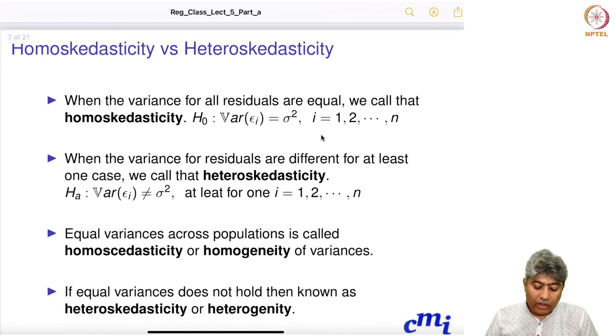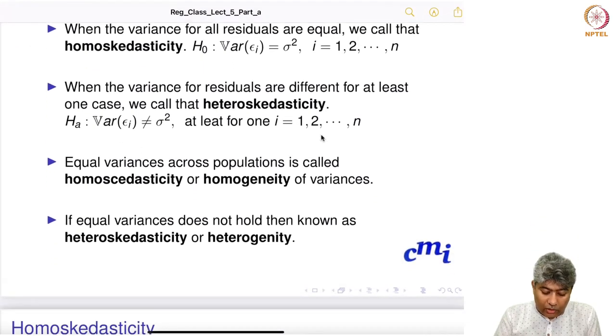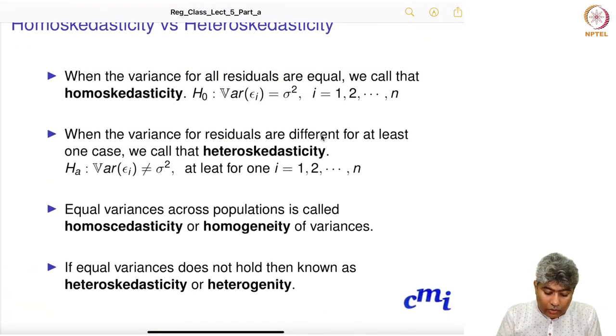Next, we will move on to the discussion of homoscedasticity versus heteroscedasticity. When the variance of all residuals is equal, sigma square, the same for every residual, we call that homoscedasticity.